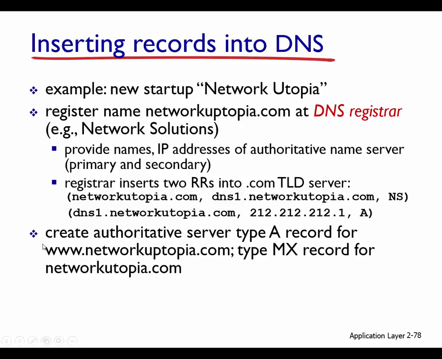So it's going to create an authoritative server type A record for networkutopia.com, and not shown here, it'll also include an MX record for the mail server for networkutopia.com if you're going to have a mail server associated with that as well.